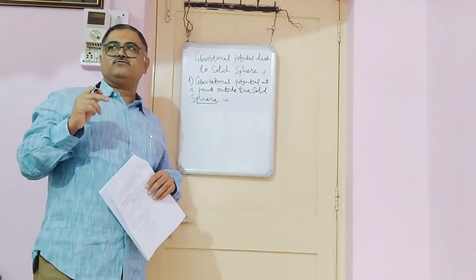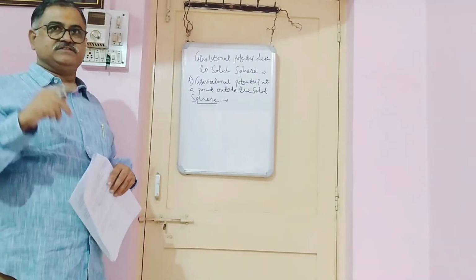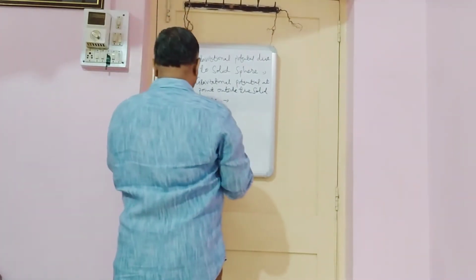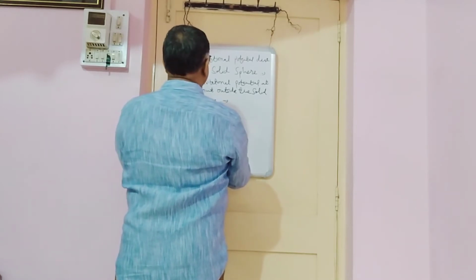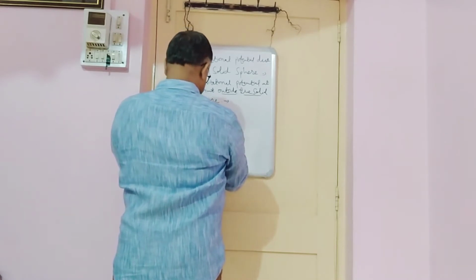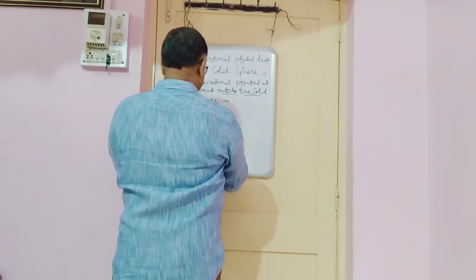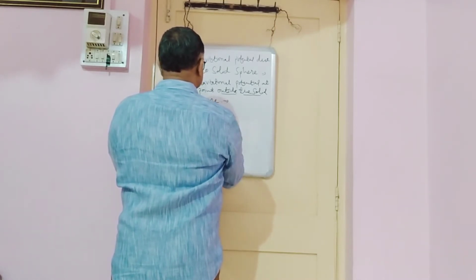We have to draw the diagram by which we will get the idea how the point P is outside the solid sphere. See, this is the center of the sphere, and these are nothing but the concentric spherical shells.